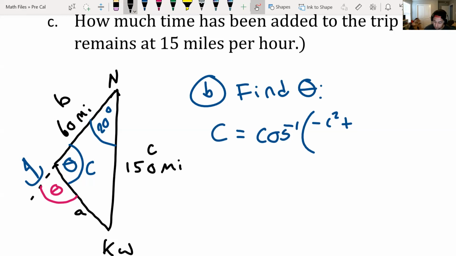We can't use this because we're gonna need A squared, and we don't know A squared just yet, right? But do we have other information? Yeah, you can actually find A because we're given angle A. So this means that we can actually find side A first before we find theta, because we're going to need A first. Okay, so let's backtrack.